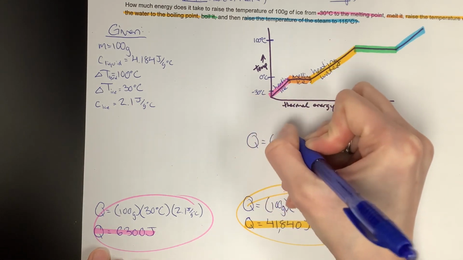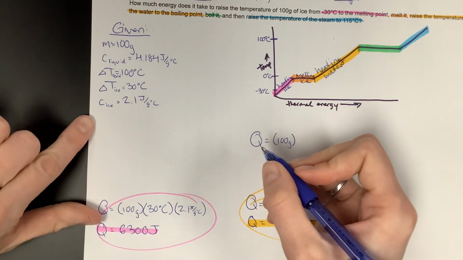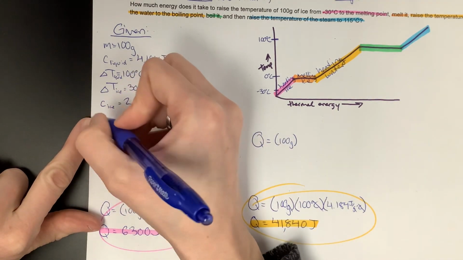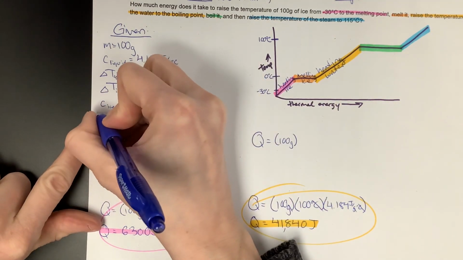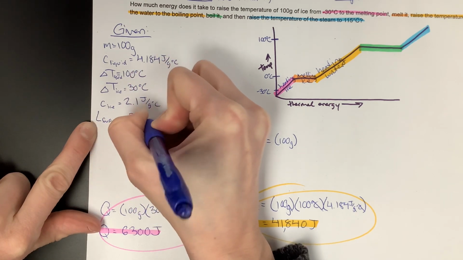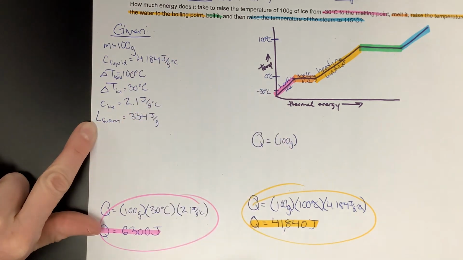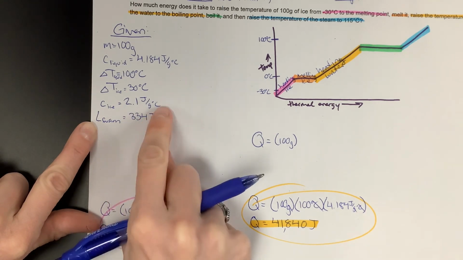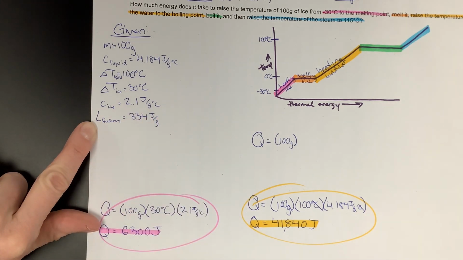100 grams times the heat of fusion, which I should add back over here to my given list. So the latent heat of fusion is 334 joules per gram. It takes 334 joules to melt 1 gram.